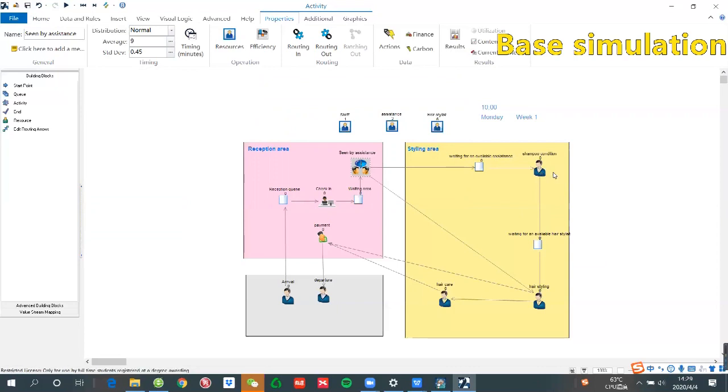And then for the staff, we have 1 staff member in the check-in station, 3 assistants, and 6 hairstylists in total. Once the customer finishes the service, like the shampoo conditioning, they go straight to the payment. But some customers prefer to have a haircut before the payment.